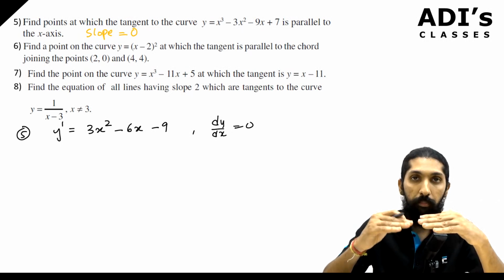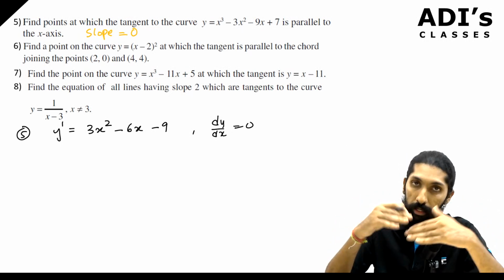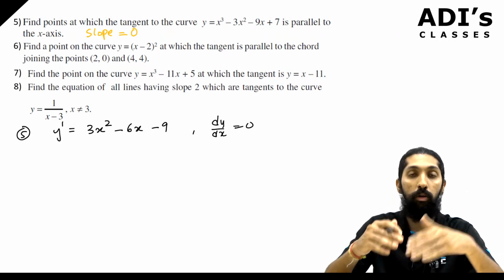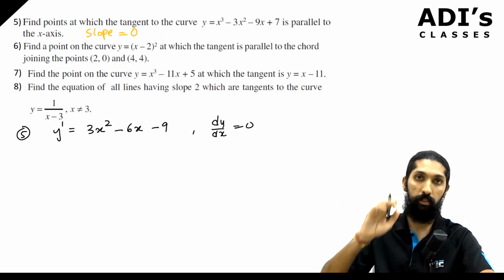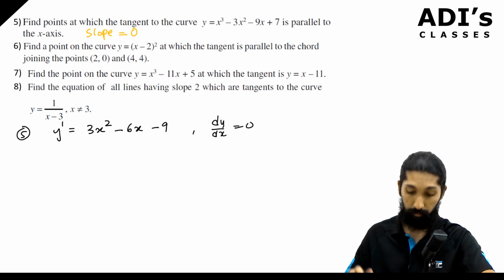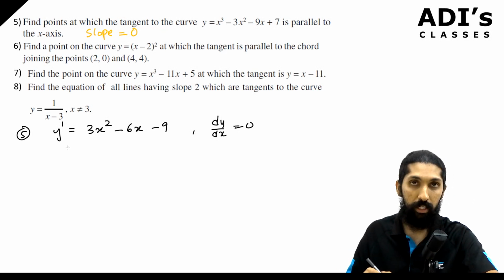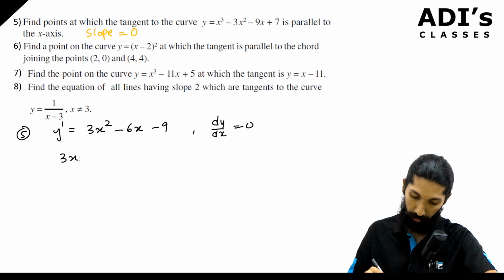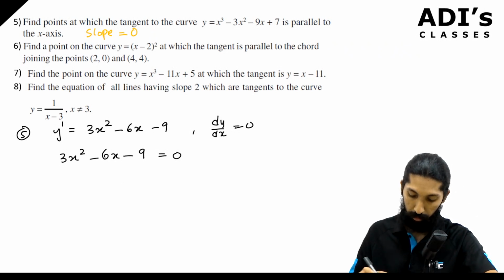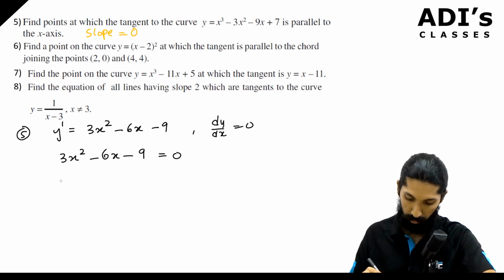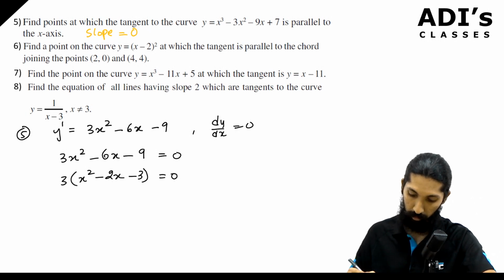Any line parallel to x-axis or x-axis itself, the slope is always equal to 0. Alright, that's the reason why we are taking it like this. So, equate y dash to 0. You get 3x square minus 6x minus 9 is equal to 0. Now, take 3 common if you want. So, 3 into x square minus 2x minus 3 is equal to 0.